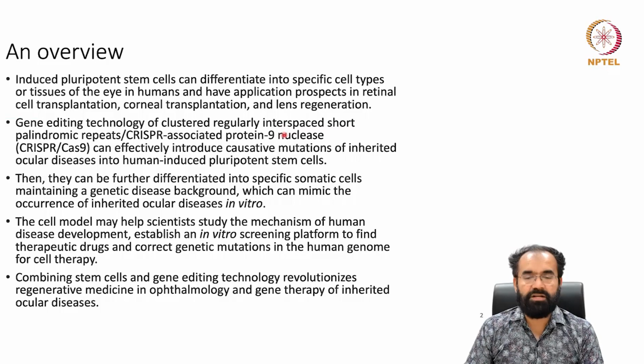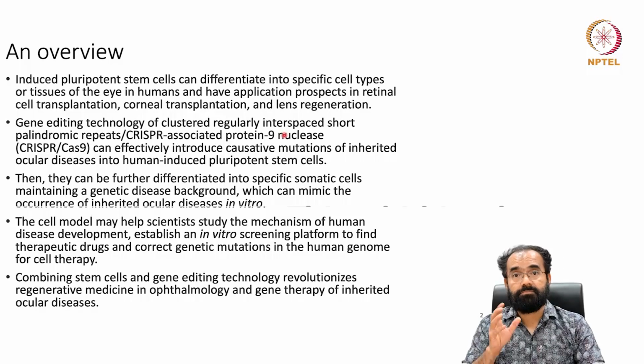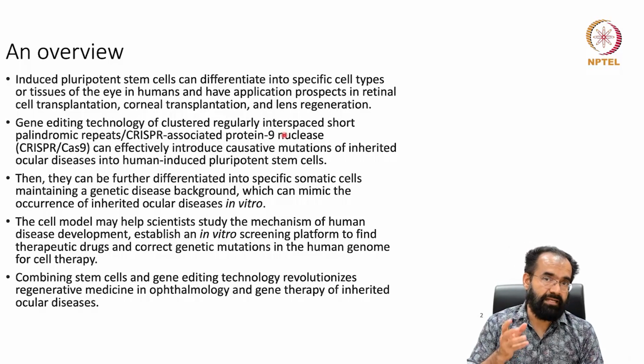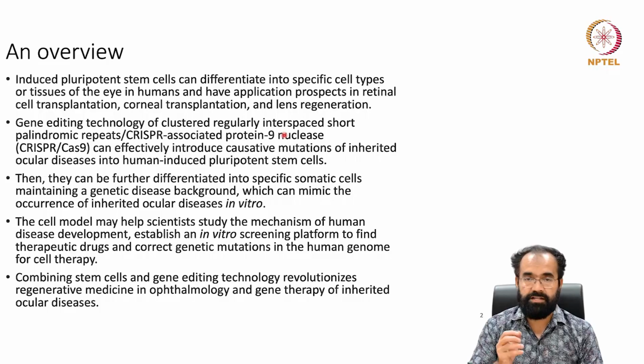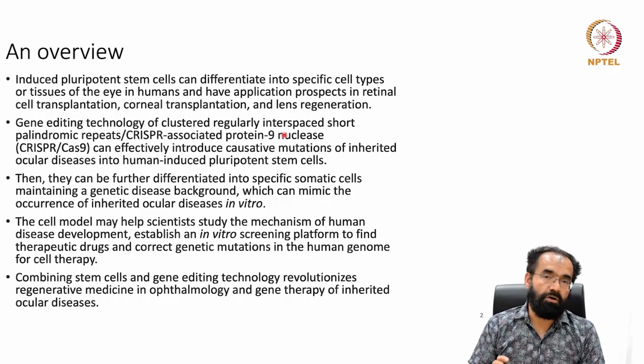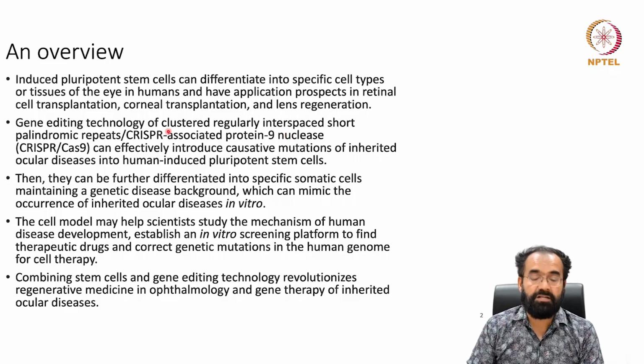But what is important to understand is that if a given cell type is not functioning in a tissue or organ, say the retina, it could be because of a genetic mutation, maybe in that given cell or maybe in its progenitor itself. That is why gene editing comes into the picture.